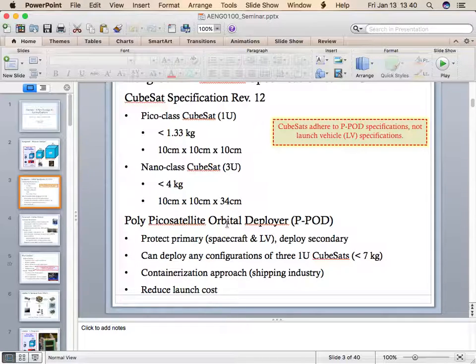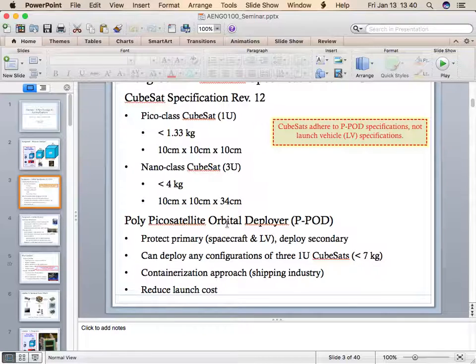Okay? It's a spring-loaded deployer. You know what a spring-loaded deployer is? Can you guess? It deploys with the spring. So what kind of mechanism would it be? Spring.